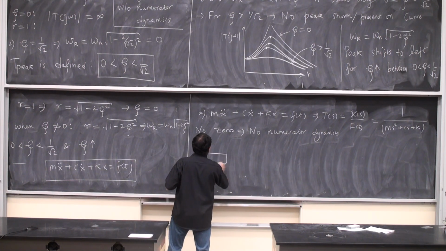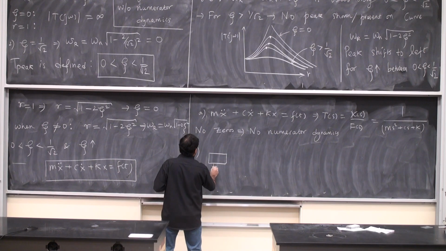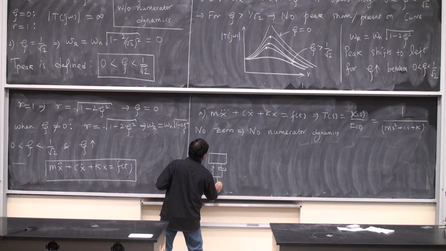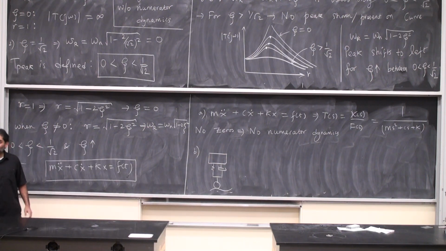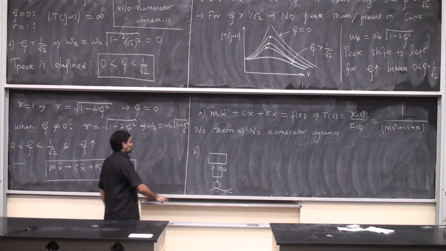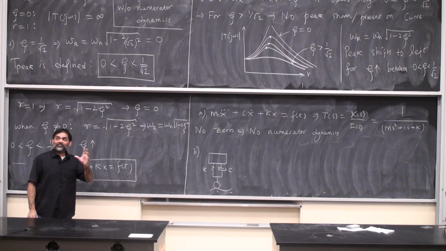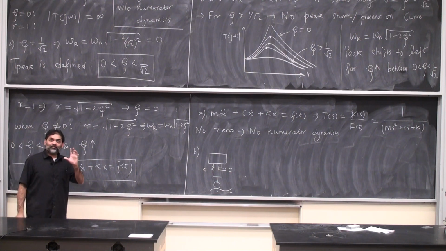If I have numerator dynamics in a mechanical system, the following example. You've done this in your recitation. Okay? This is a stiffness K, this is a damping element C. This is essentially the model of a suspension of a car, right?